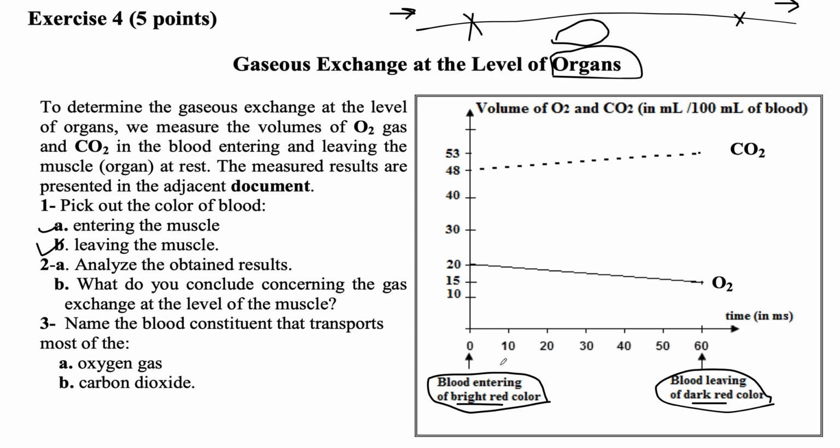So I can say that after 60 milliseconds, which is the time of entering and leaving the muscle, the volume of CO2 increases from 48 to 53 ml per 100 milliliters of blood, while the volume of O2 decreases from 20 to 15 ml per 100 milliliters of blood.